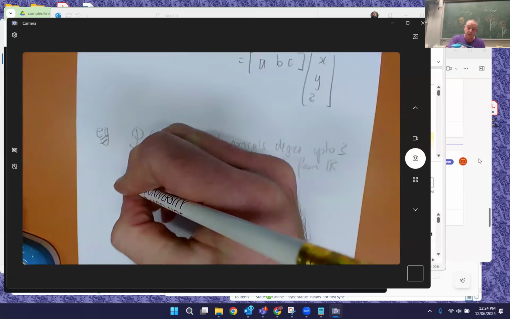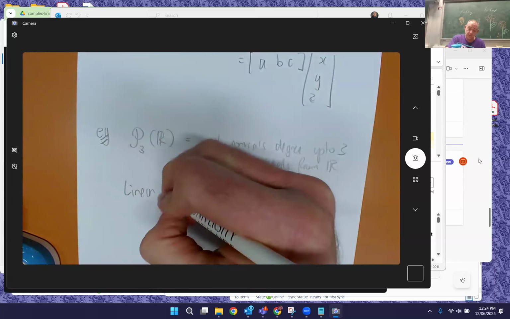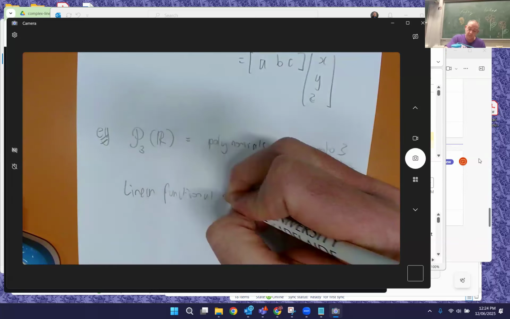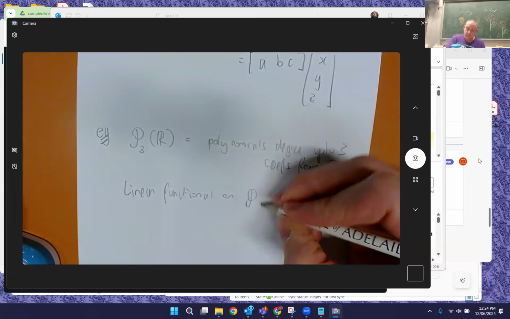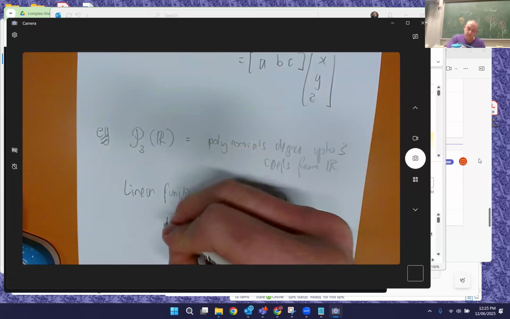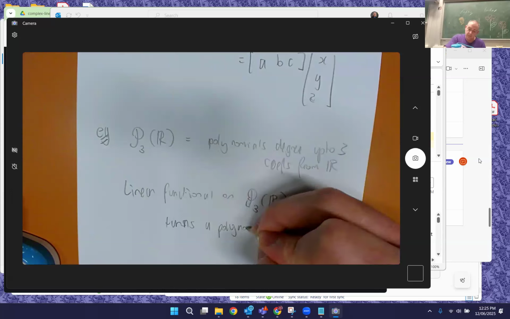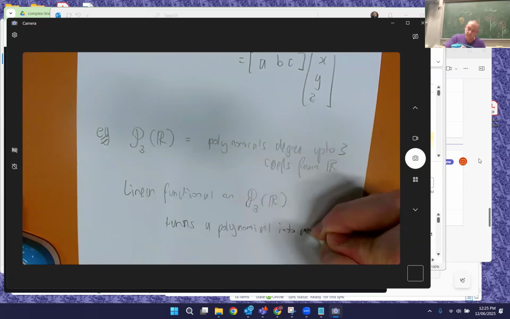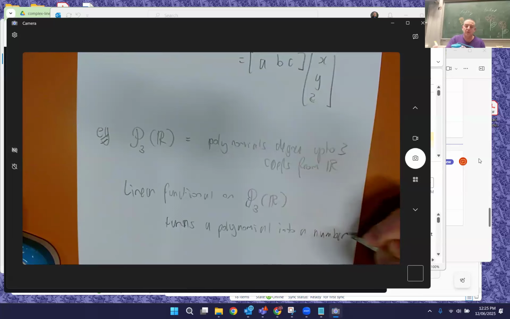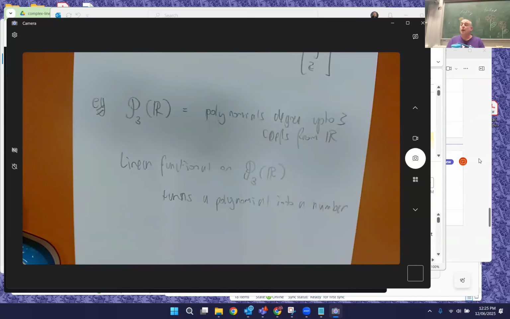So a linear functional turns a polynomial into a number. And there are several things that you're familiar with doing to functions that produce numbers. And they are all, coincidentally, linear functionals.